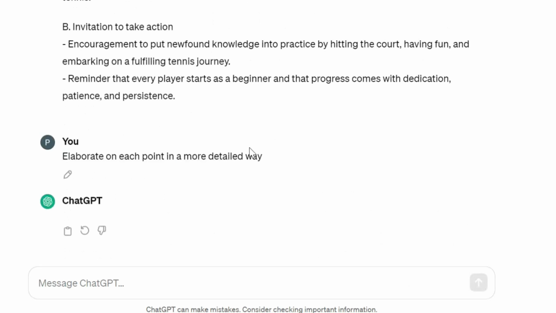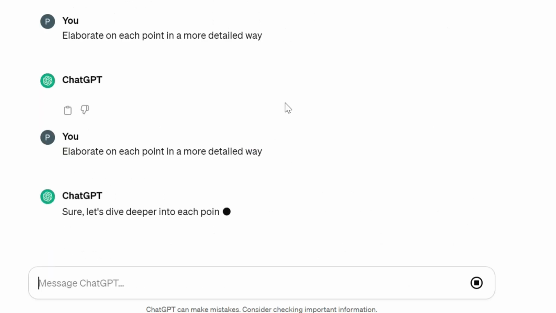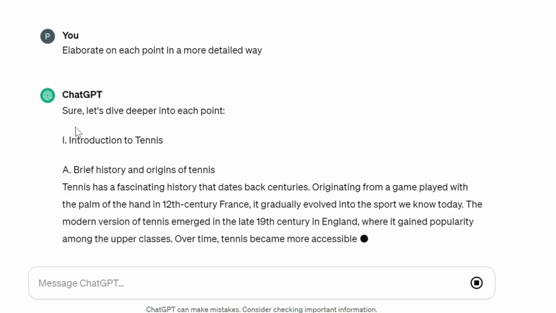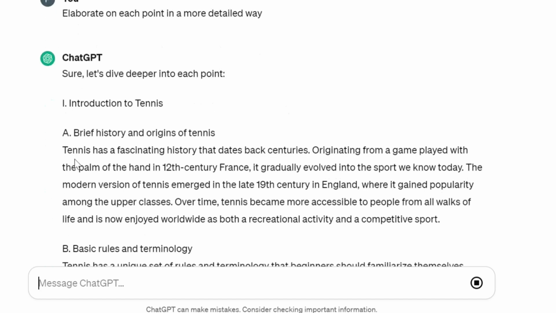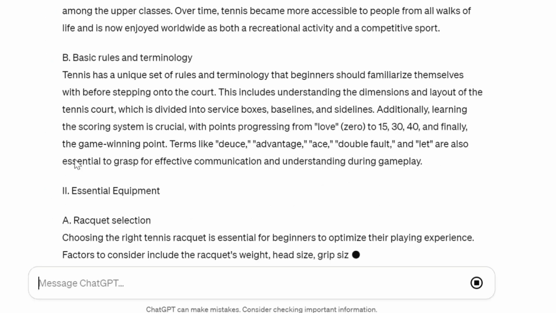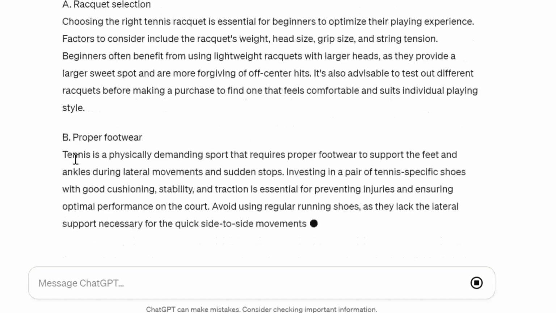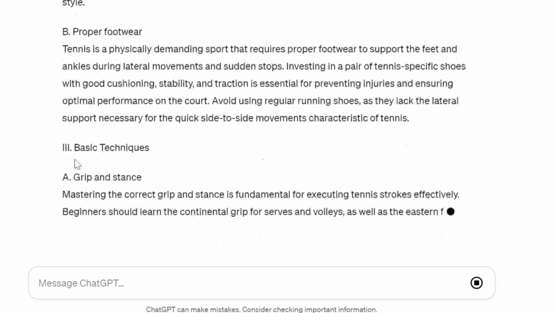Okay, so it's given us a nice paragraph for each point instead of just a couple of points.